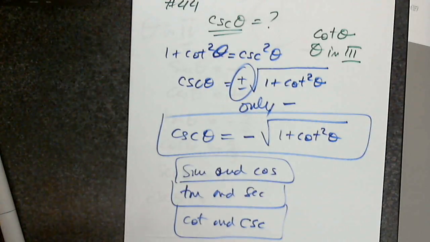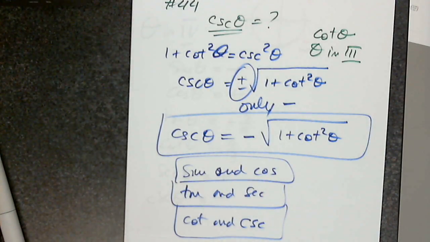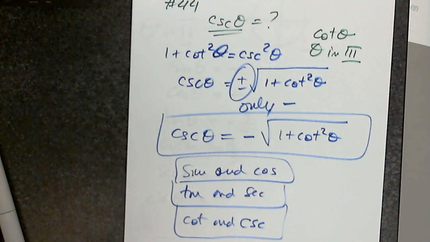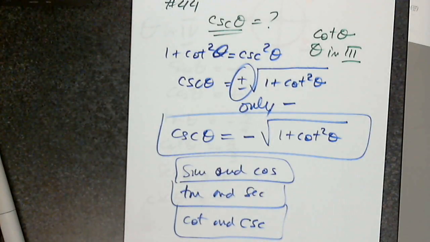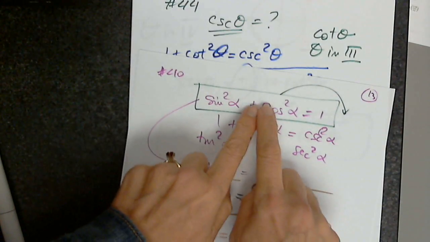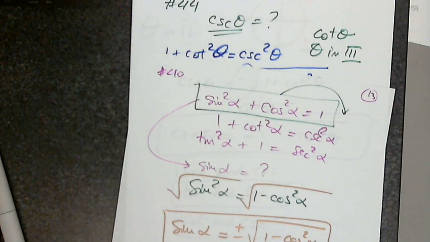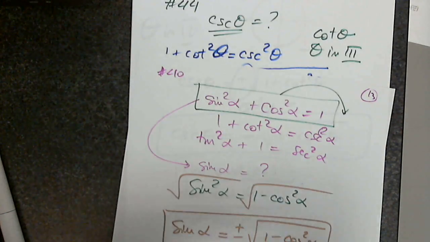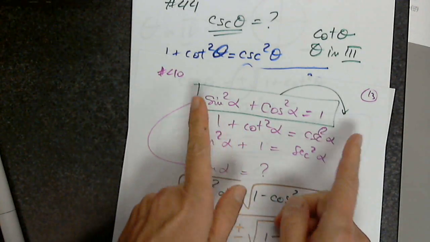We have 3 equations that we have to keep in mind. One equation has only sine and cosine in it. This one. A second equation has only cotangent and cosecant in it. This one.